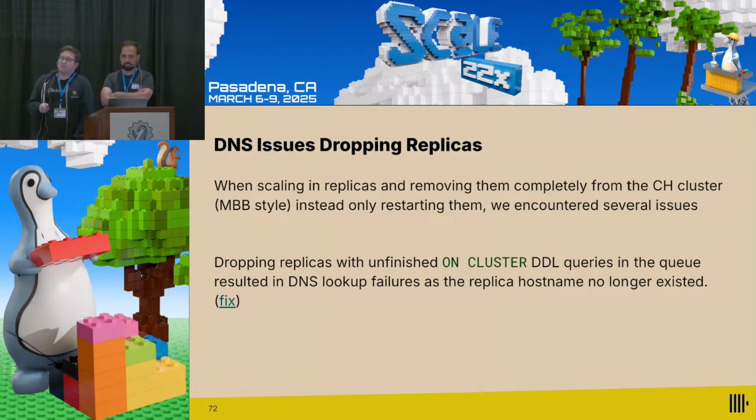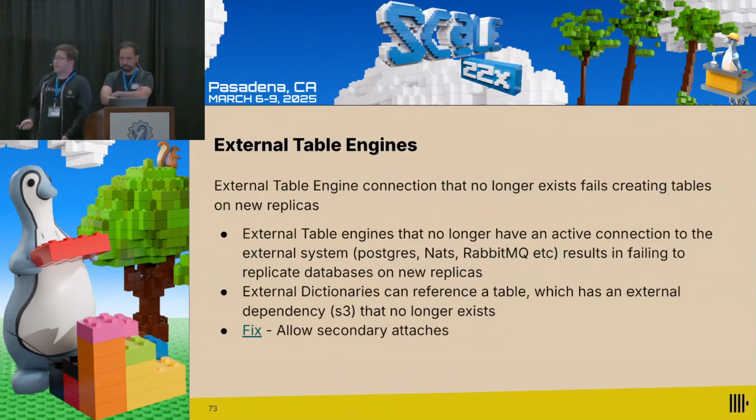And at the time of running that query, it records the host name of each replica that was active in the cluster at that specific time. Now, when we drop replicas from the cluster, they no longer exist. And ClickHouse was trying to resolve those DNS names and failing if there were any queries in the queue. So this was something where ClickHouse wasn't great at adaptively adding and removing replicas. We ended up fixing this in ClickHouse as part of this migration.